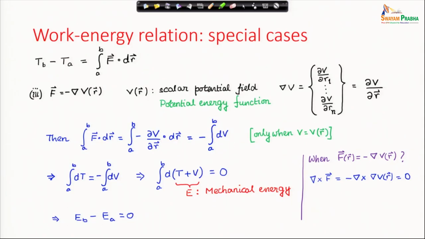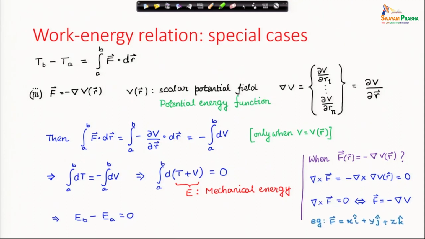Therefore, if you are given a vector field, for example, I will show you. Curl of the force field equal to 0 implies, both ways, that the force can be represented as the negative gradient of a scalar potential.